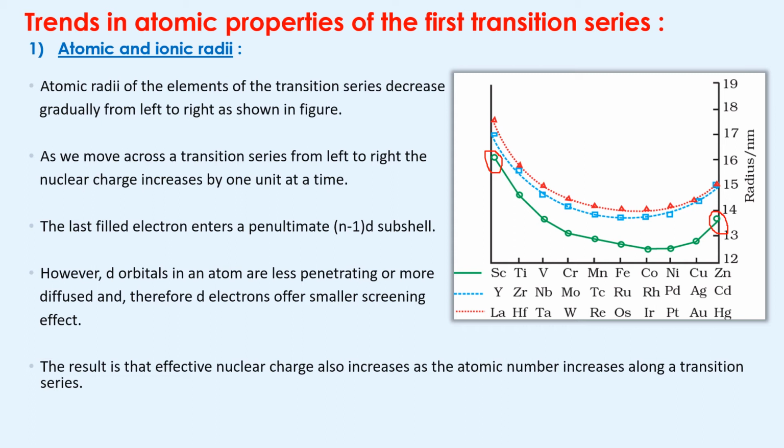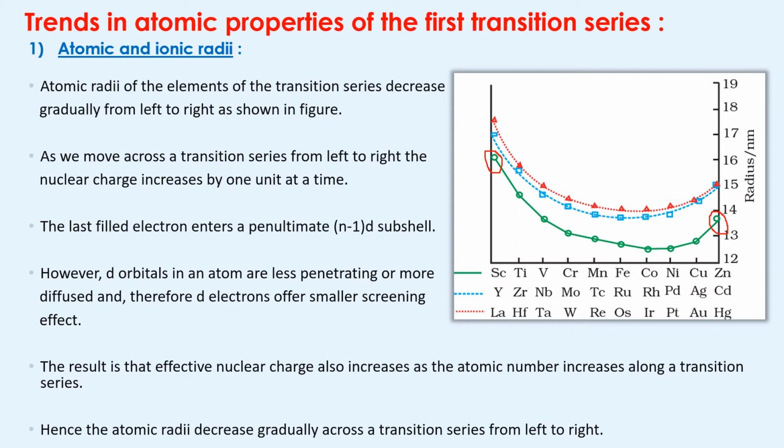So that's why the nuclear charge increases. As the atomic number increases, your atomic radii decrease gradually across the transition series from left to right.